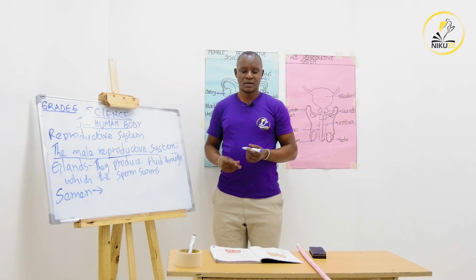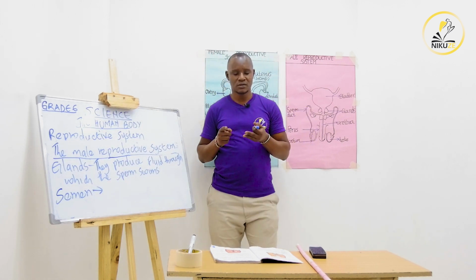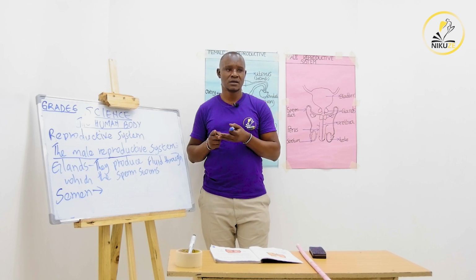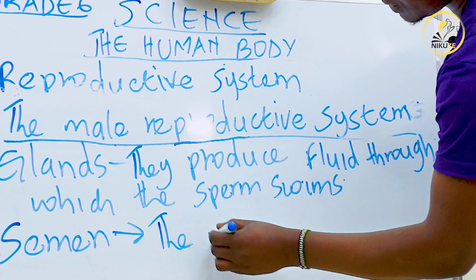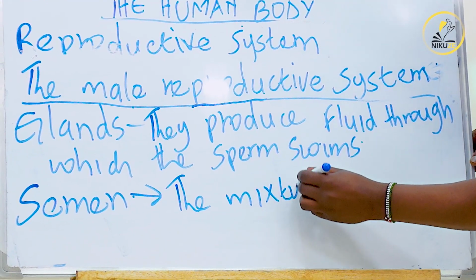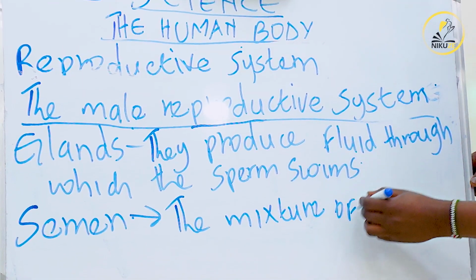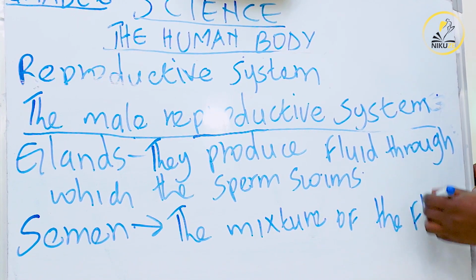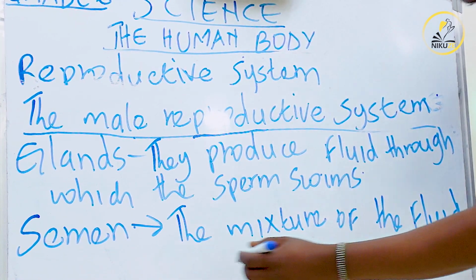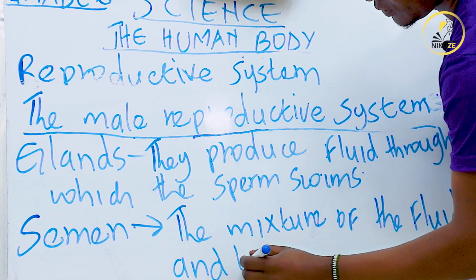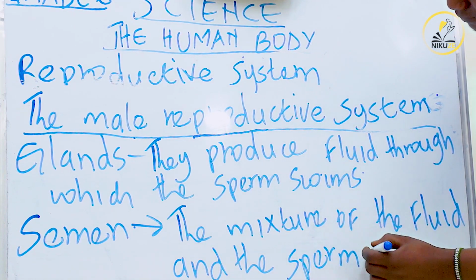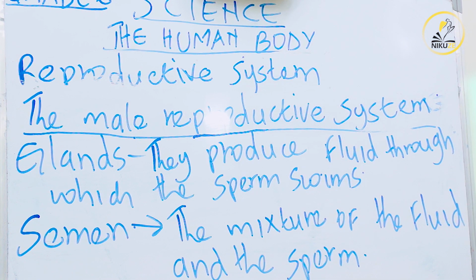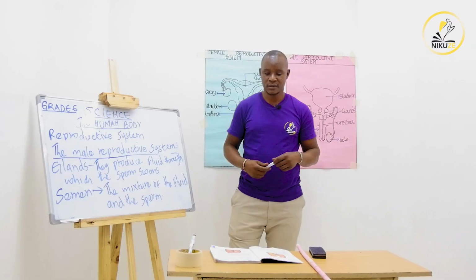So we say semen is a mixture of the fluid and the sperm. The mixture of the fluid and the sperm is known as semen.